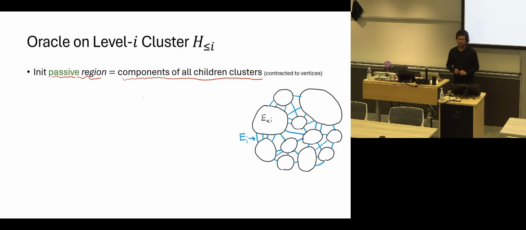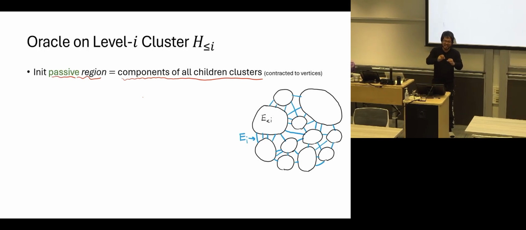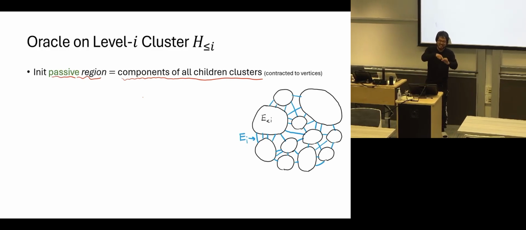So do you recall, in the algorithm for expander, what is the initial passive region for it? Yeah, just the node itself, a singleton. It's just because for expander, we know from the beginning that each node is a trivial connected region.